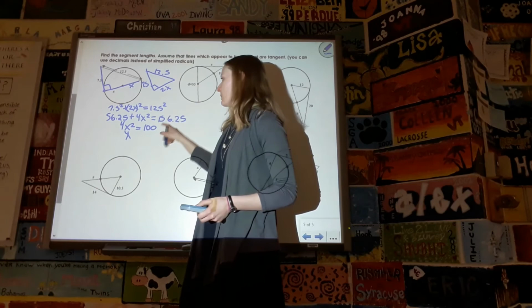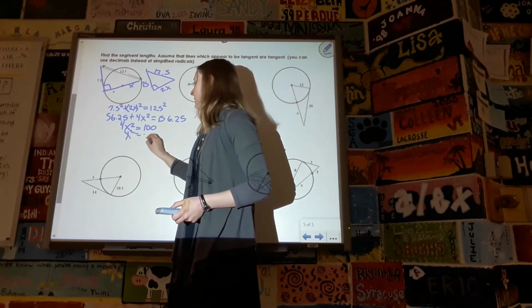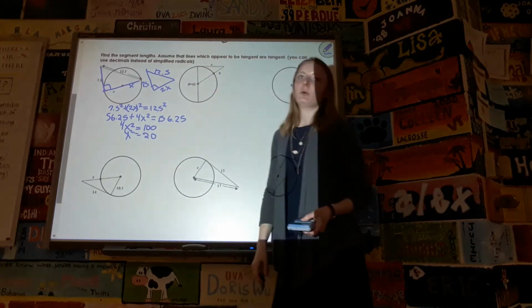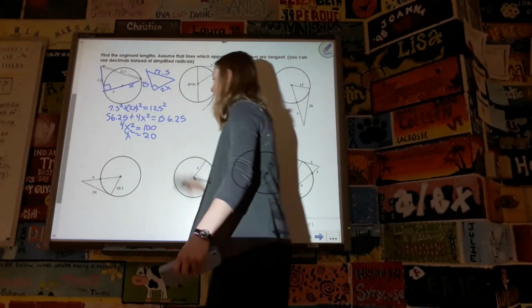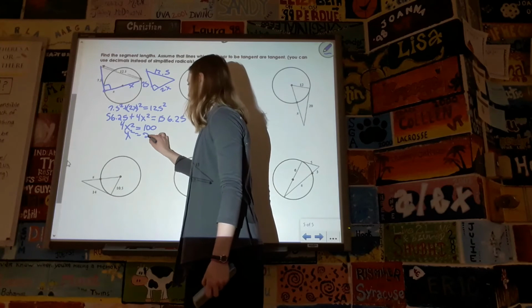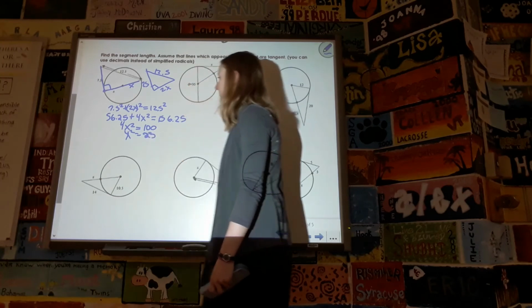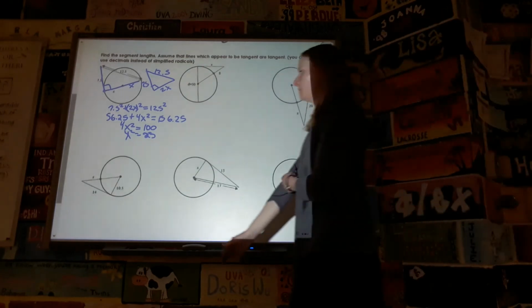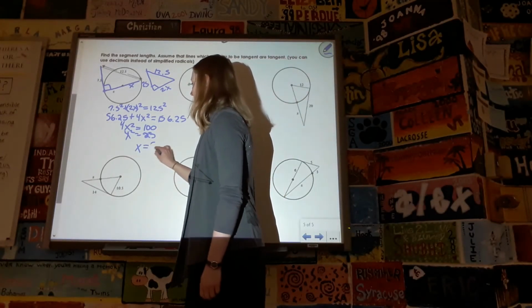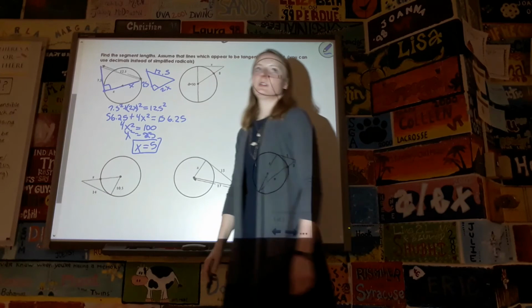That's 12.5 squared. And then you divide by 4, becomes 25. Sorry. And then you take the square root. You get x equals 5. There you go.